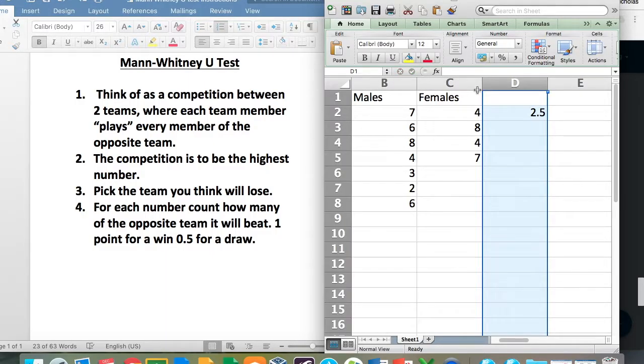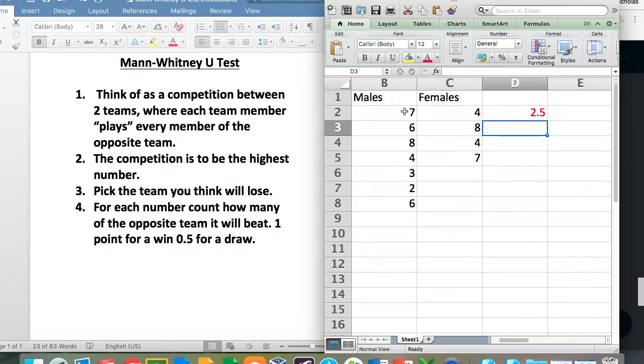I'll just make this a different colour so it's nice and obvious. This 8 will win 1, win 2, 2.5, 3.5, 4.5, 5.5, 6.5. So that did very well. The 4 will only win two games and draw 1, so that's 2.5.